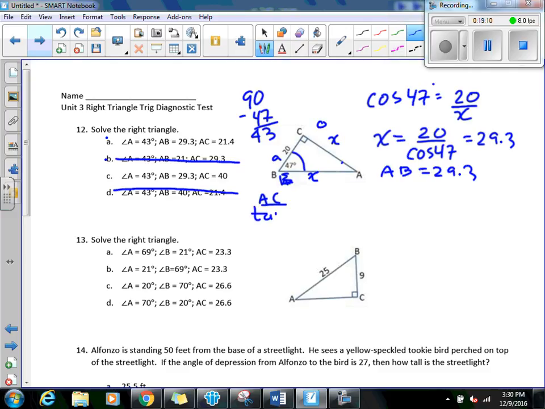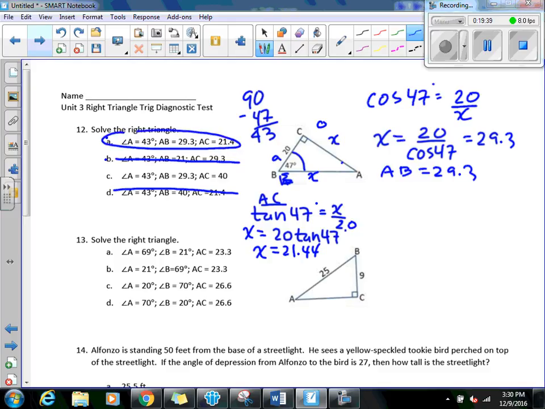So I'm going to use the tangent function. The tangent of 47 degrees equals the length of the opposite side over the length of the adjacent side. X is on the top, so I'm going to multiply. So x equals 20 times the tangent of 47, which equals 21.44. And there I am. The correct answer is A.